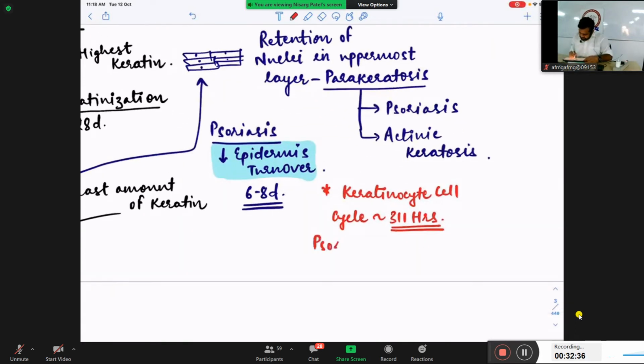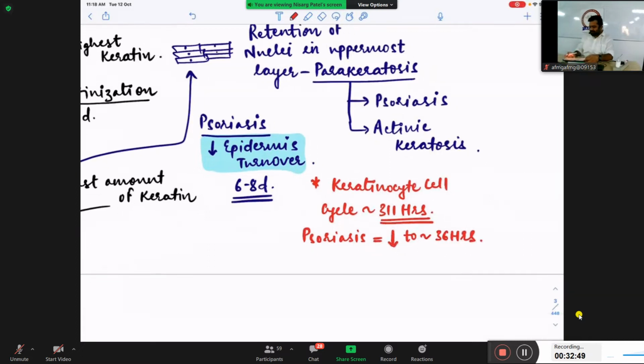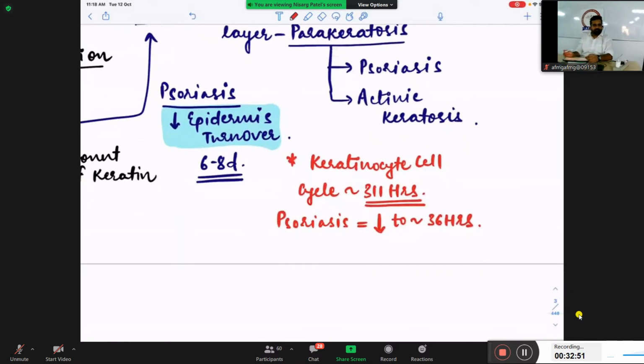In psoriasis, the cell cycle time is reduced to nearly 36 hours, from 311 hours.